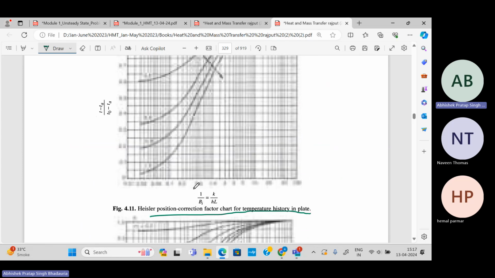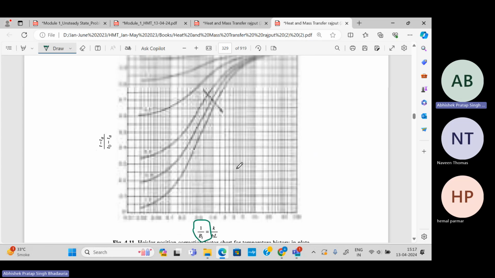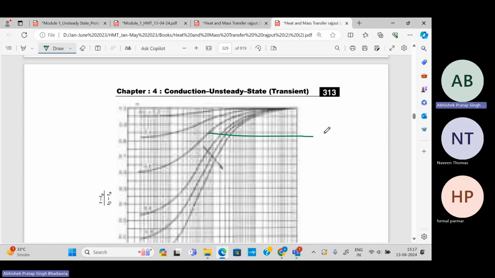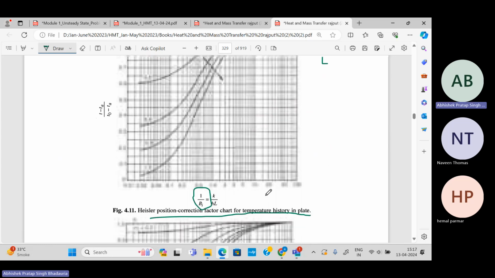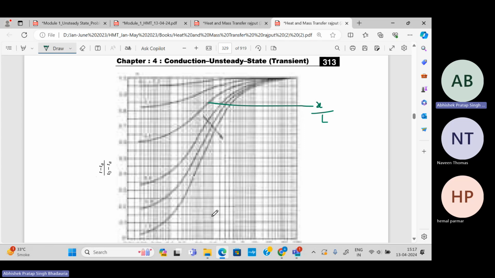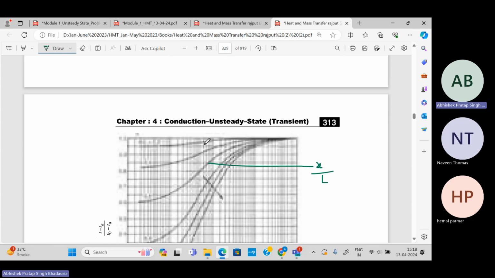Here you can see in the x-axis 1 upon Biot number is there, and these curves are expressed in terms of x by L. In our case, 1 upon Biot number is 5.988 and x by L is 0.5. On the basis of these two factors, we will locate a point on the correction factor chart.